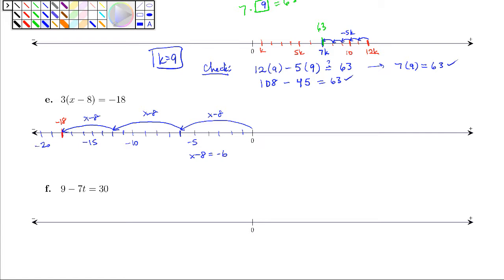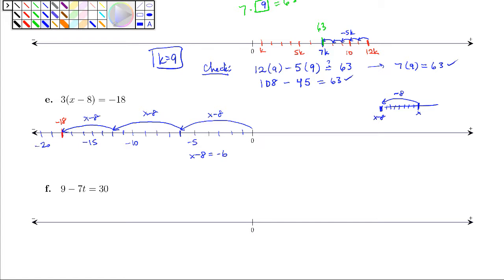So what does it look like to take a number and subtract 8? If this is x, then x minus 8 would be 8 units: 1, 2, 3, 4, 5, 6, 7, 8. Subtracting 8, this would be x minus 8, like that.